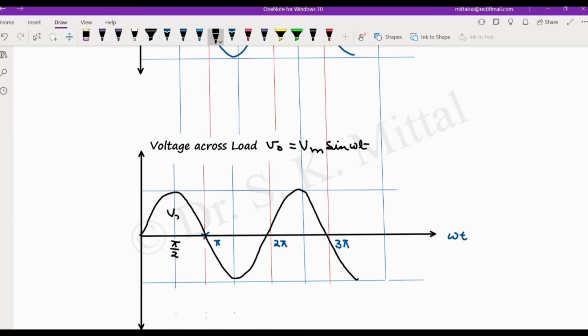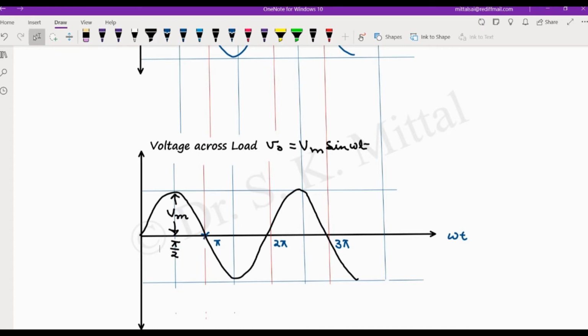At omega t is equal to pi by 2, we always obtain the maximum value. So this is the output voltage expression across the pure inductive load and its waveform.